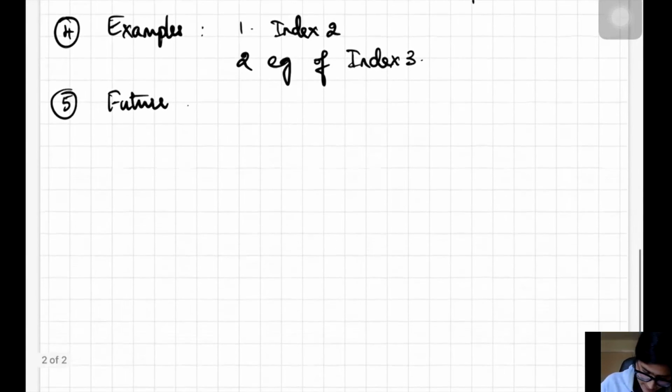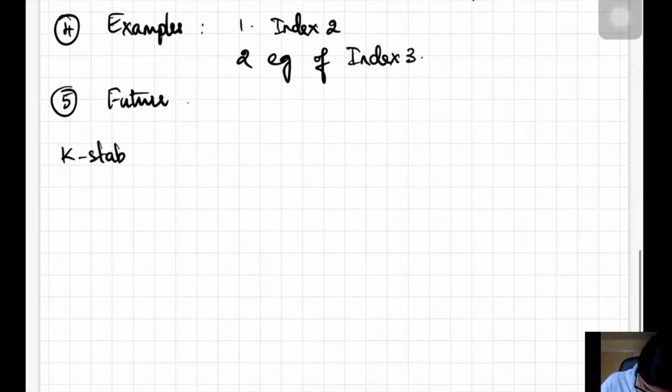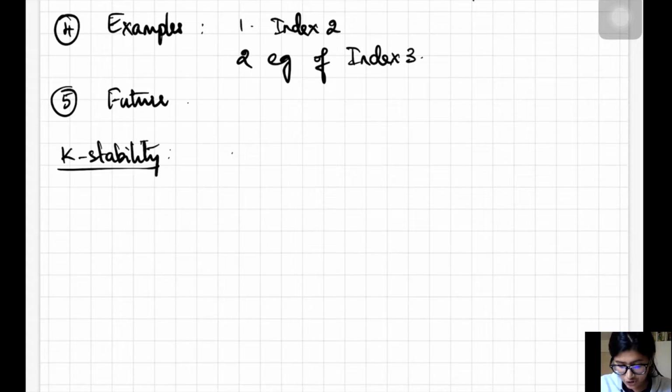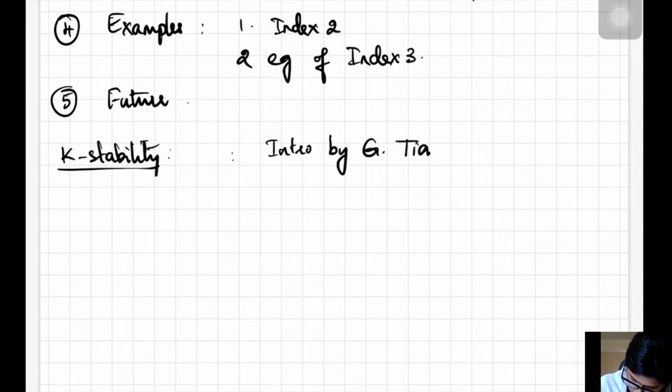Okay, so let me start. So K-stability. This was something that was originally introduced by G. Tian.